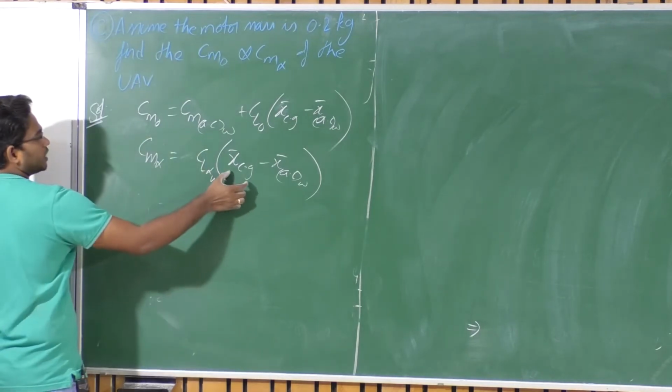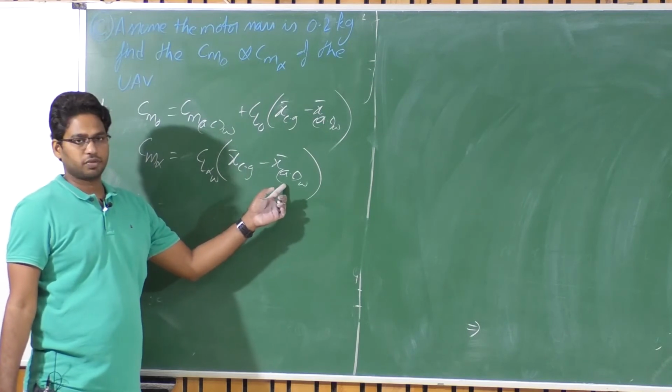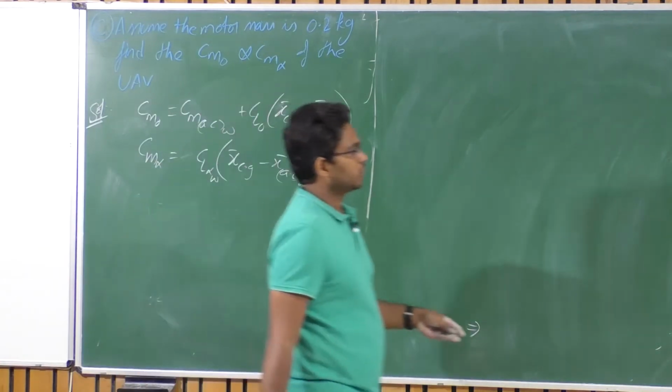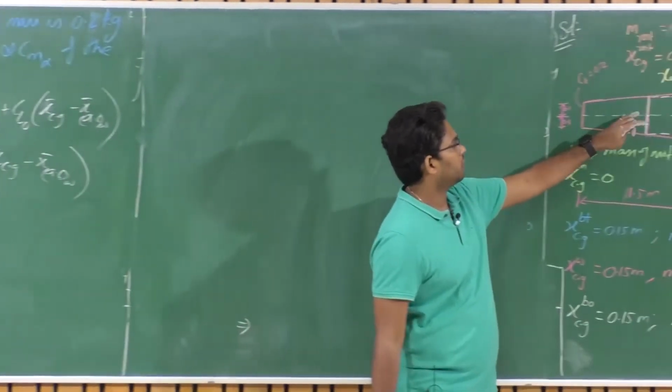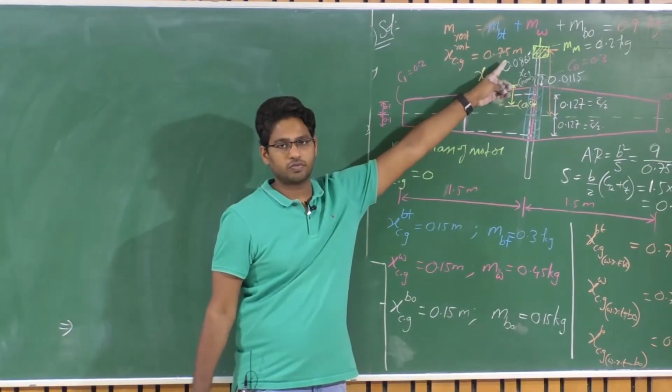First of all, we need to find XCG with this motor configuration. We know XAC of the wing. Without the motor, with the rest of the mass, the XCG is about 0.75 meters.